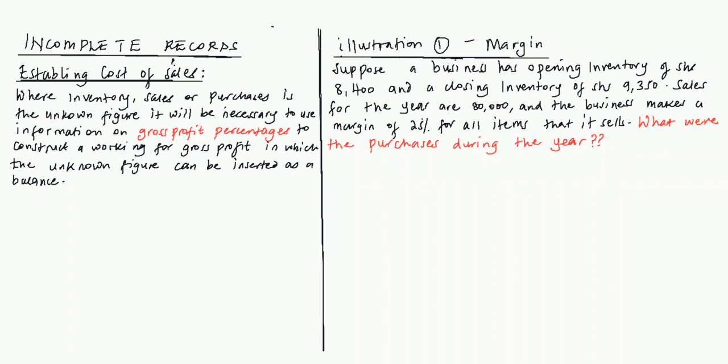Sometimes where inventory, sales, or purchases is the unknown figure, it will be necessary to use information on gross profit percentages, where we construct a working for gross profit in which the unknown figure can be inserted as a balance. So when the value of purchases is not known, a different approach might be required to find out what they were, depending on the nature of the information given to you.